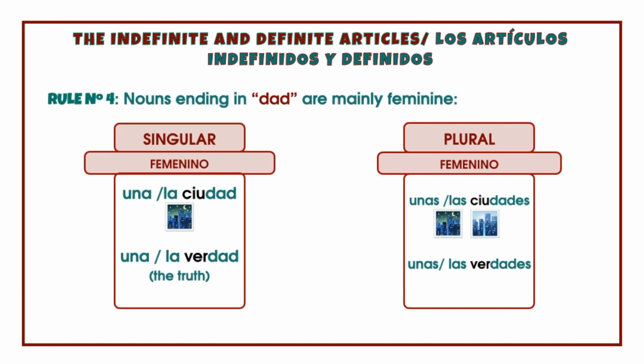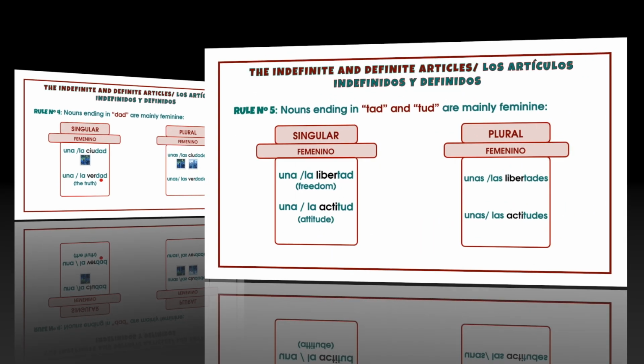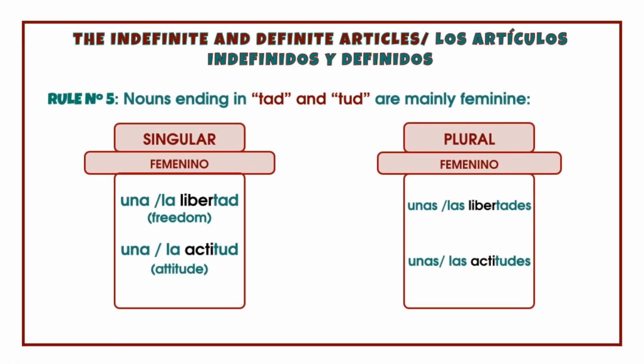Rule number 4. Nouns ending in dad are mainly feminine. For example, una ciudad or la ciudad, una verdad or la verdad. Rule number 5. Nouns ending in tad and tud are mainly feminine.